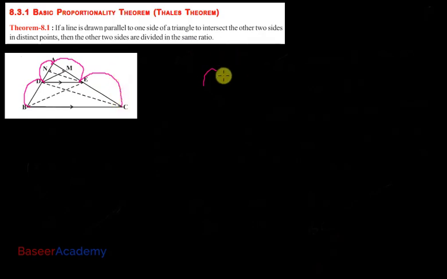So what do we have to prove? AD by DB is equal to AE by EC. I'm not going to write the complete proof; I am, however, going to explain it to you.